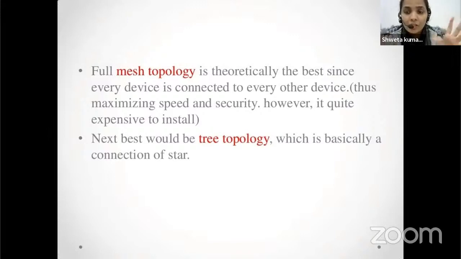It is such a complex design and requires such expensive hardware, so we usually avoid it. Next best would be the tree topology, which is basically used to connect stars.